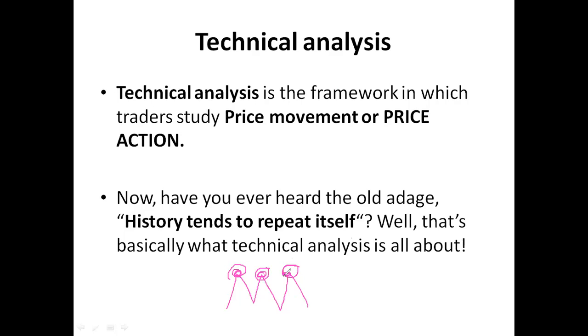What is happening is simply history repeating itself. So when it comes to technical analysis, you are only studying some price movement in the past to determine what might possibly happen in the future or currently.